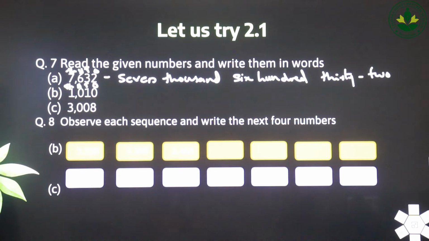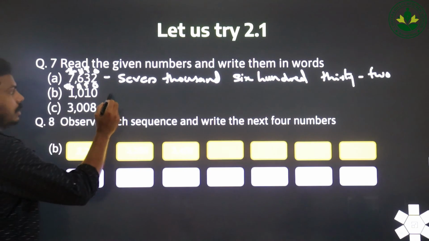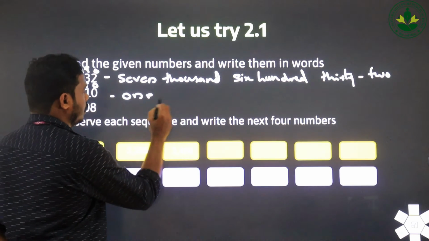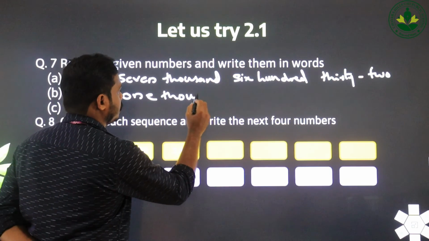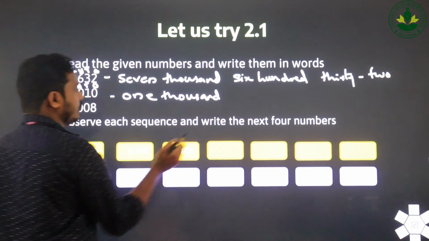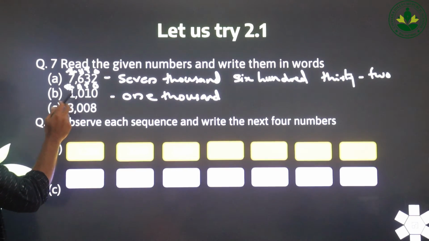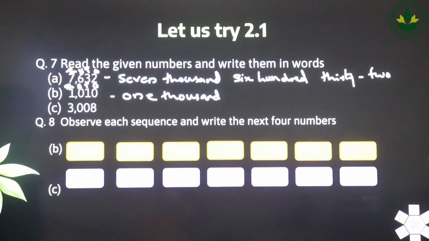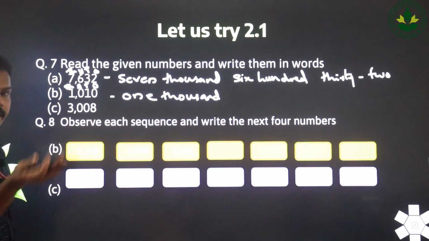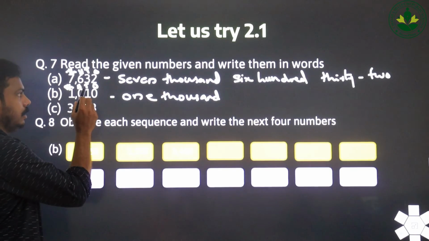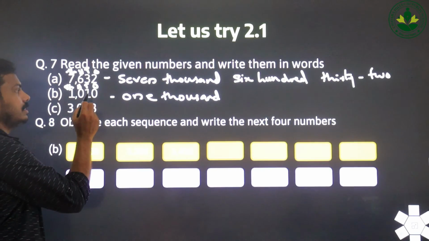Next number: 0 in ones place, 1 in tens place, the hundreds place digit is 0, and the thousands place digit is 1. It is 1000. In the hundreds place it is 0, so it is 0 hundreds. 0 hundred means 0, we need not write anything. Then 1 tens, 10.